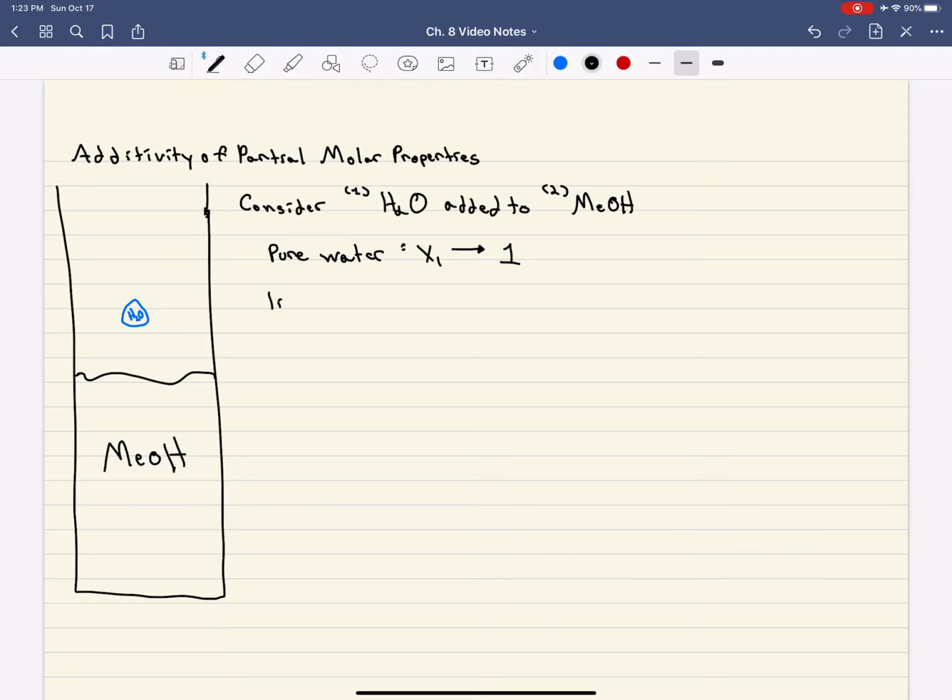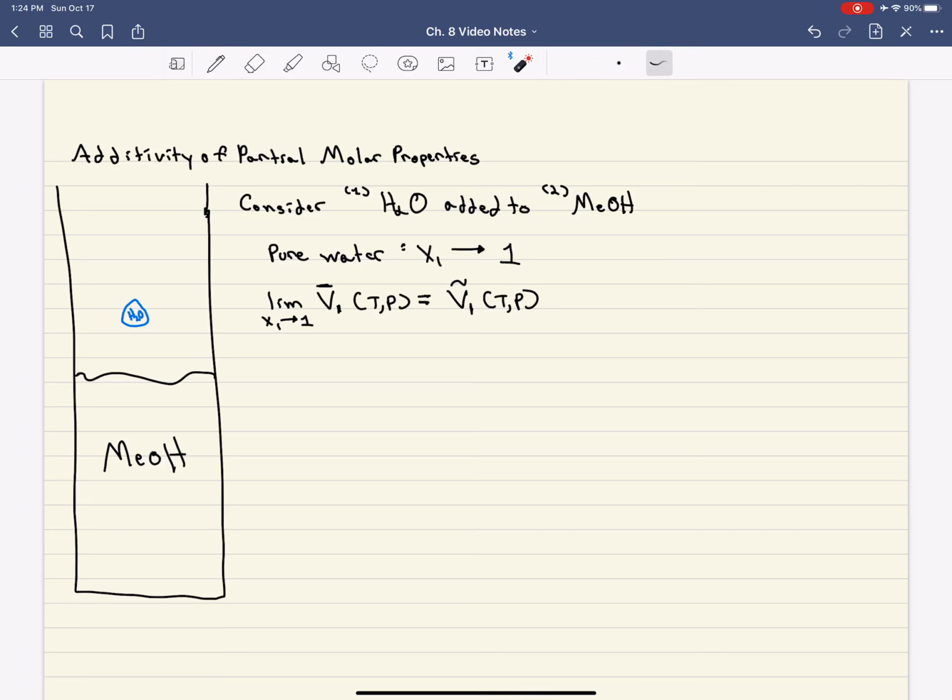And so if we take a look at the limit of our partial molar quantity for species 1, for water, as x goes to 1, what we should expect to get, at some temperature and pressure, is just the molar volume of pure water at that same temperature and pressure, right?